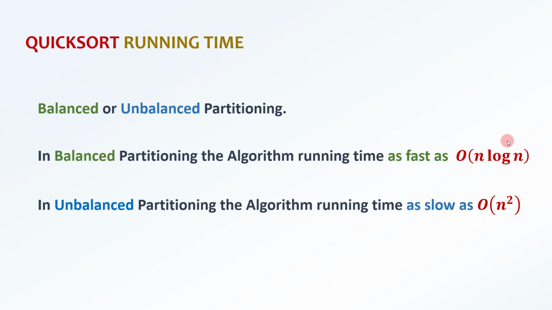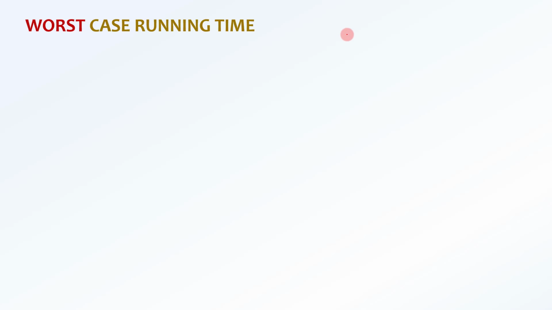Next, we will investigate how Quicksort performs under the assumptions of balanced versus unbalanced partitioning. First of all, for partitioning n elements in Quicksort, we need order of n time, because in the partitioning algorithm both counters i and j traverse the whole subarray of size n.